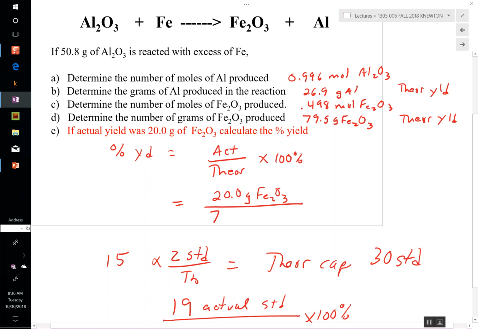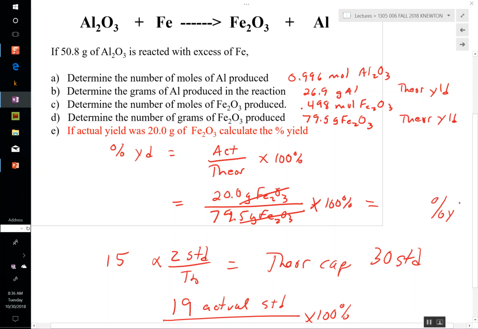Our theoretical is 79.5 times 100%. And now notice on dimensional analysis, those units cross out. Grams of iron oxide in the numerator and denominator cross out. We're going to just get a percent.